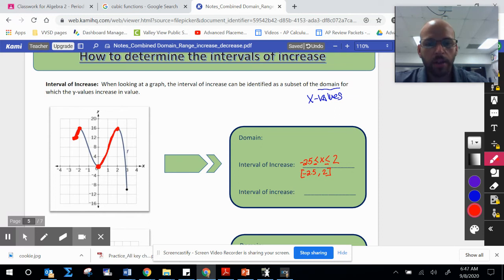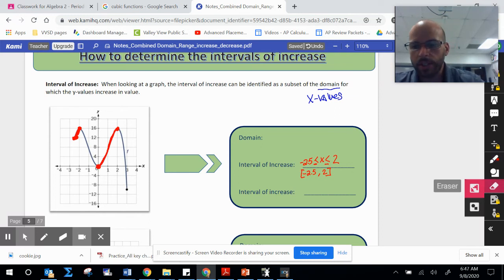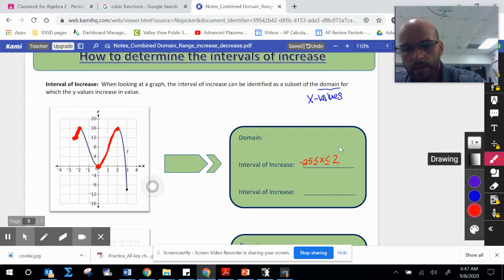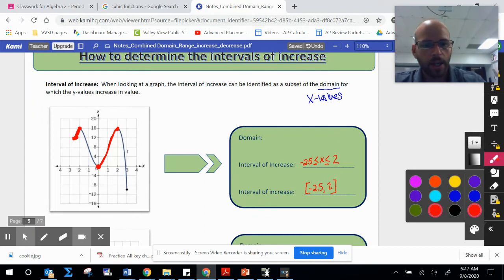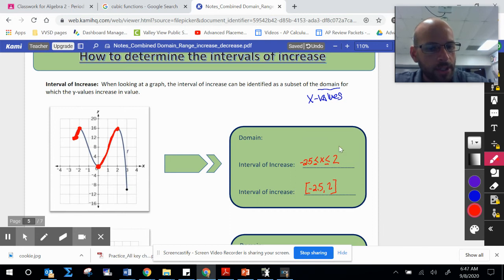Okay, now if you want to use intervals, I would say from negative 2.5 to 2. Okay, now there is a second one, actually. I'm going to write that on the line down here. Negative 2.5 to 2. Now there's a second interval that I want you guys to write down. Okay, and it goes from the 0 all the way to 2.